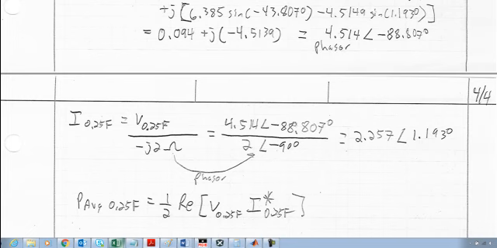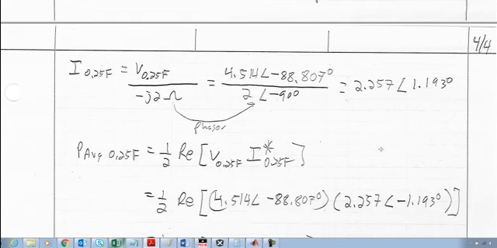Here is my phasor for the voltage dropped across that quarter farad capacitor. Now I just divide those on out. Here's what I get. I divide these two, I subtract those angles, I get 2.257 phasor 1.193.